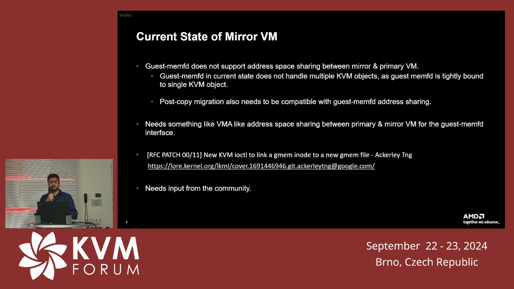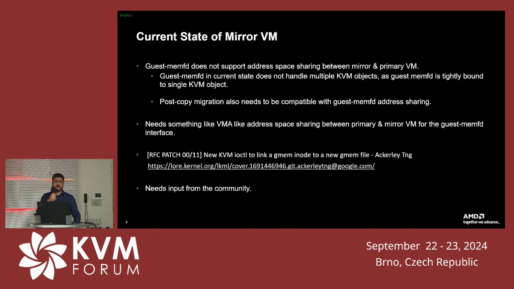This support is not there. We need something like VMA-like memory sharing, not exactly VMA, as we don't have VMAs with guest-memfd, but some sort of mechanism, for example memory attributes, but with different memory views, for example for primary and mirror VM.